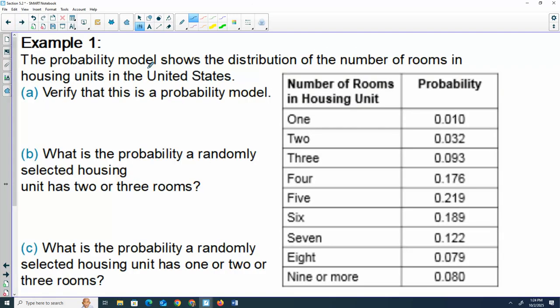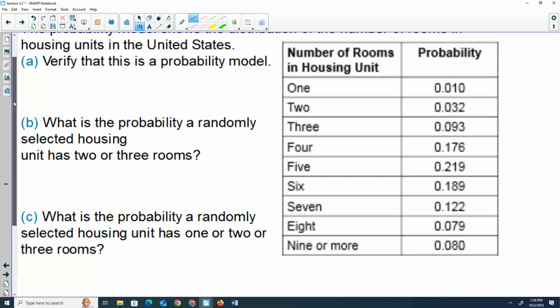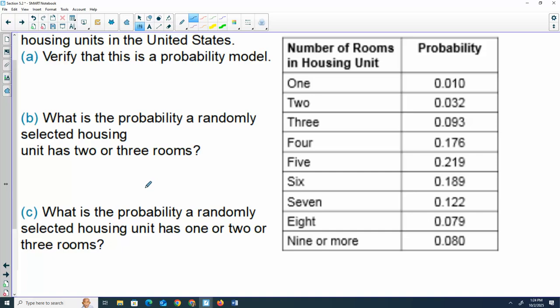This shows the number of rooms in housing units in the United States. If I ask you to verify it is a probability model, what are the conditions to be a probability model? And every probability has to be between 0 and 1. Okay, so I can quickly check that. They are all between 0 and 1.